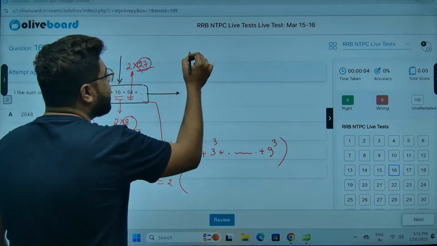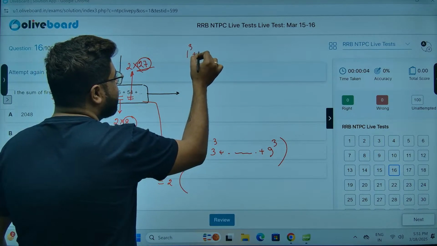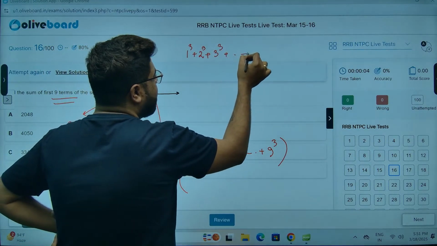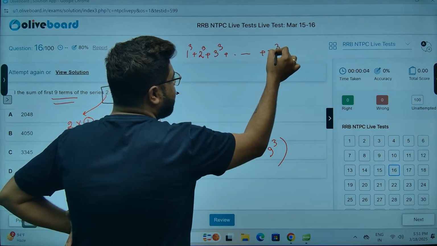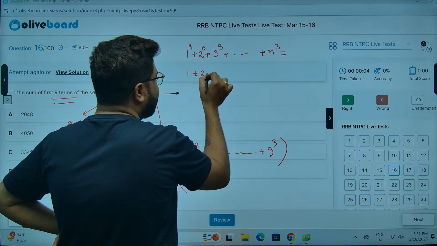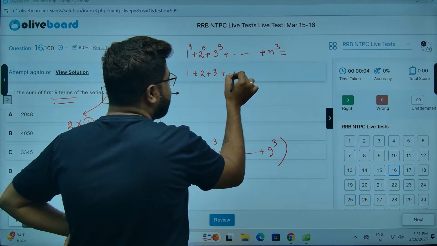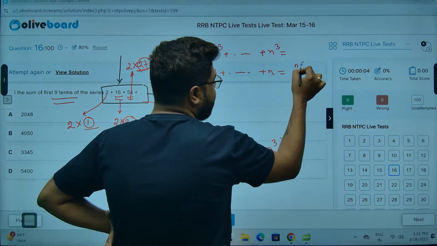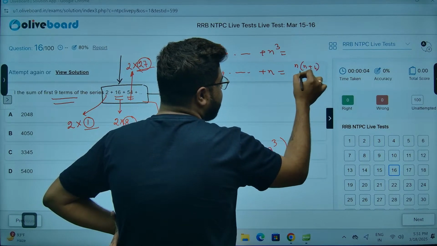So the formula for 1 cube plus 2 cube plus 3 cube plus dot dot dot, if you go till n cube, there is a formula. For that, let me first give you one formula. The sum of natural numbers till n, the formula, sir, is n into n plus 1 divided by 2.